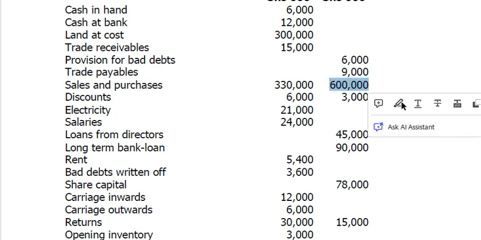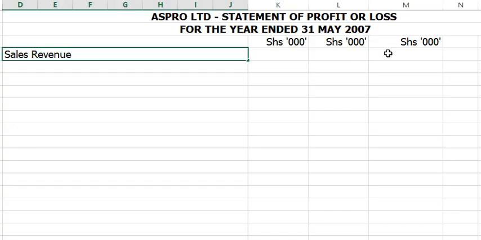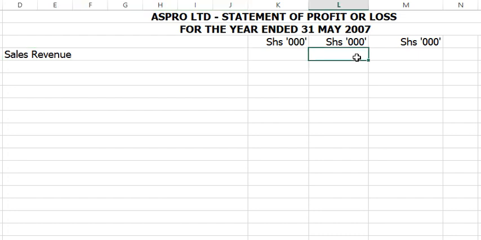The sales have a credit balance, so they will appear on the credit column of the trial balance. So the sales, we have 600,000. So we have sales of 600,000.